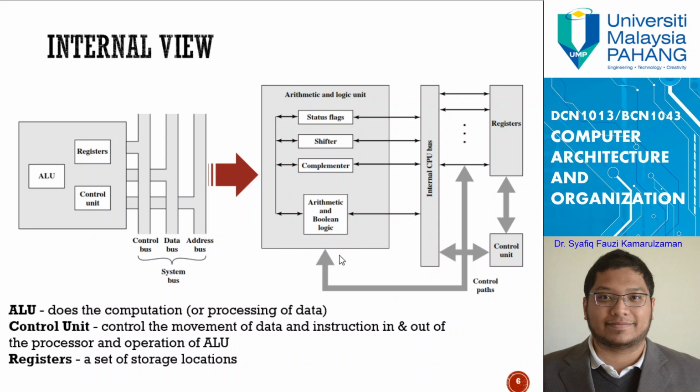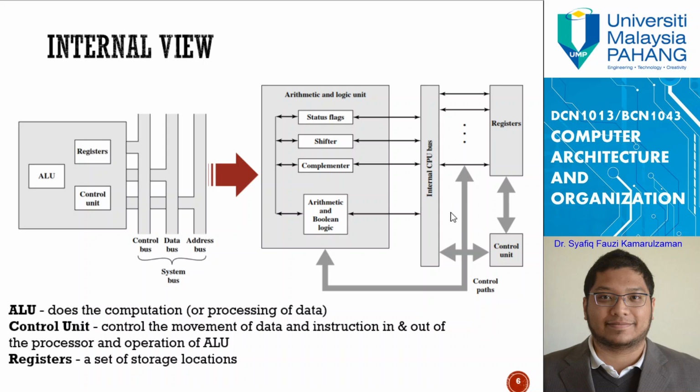So an internal view of your processor basically looks like this. You have an ALU, register, and control unit, and if you go into details, the control unit is the one that controls the bus inside your CPU. The bus is where data comes into your CPU, either address data, real data, or control data.